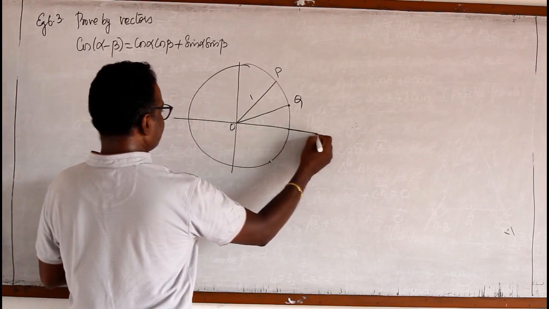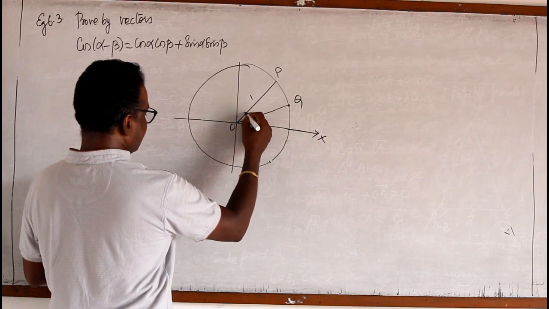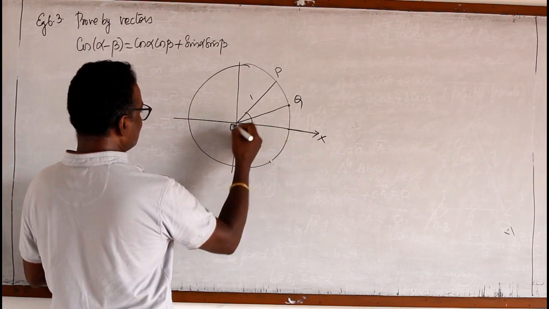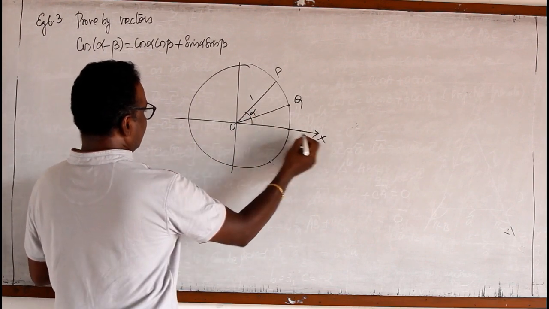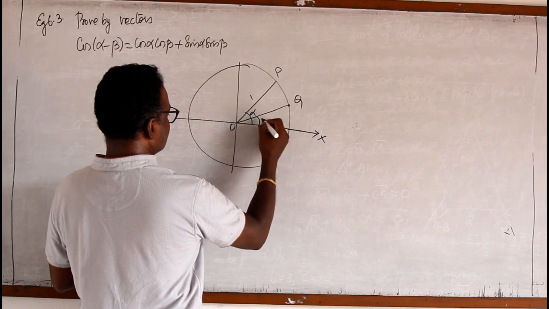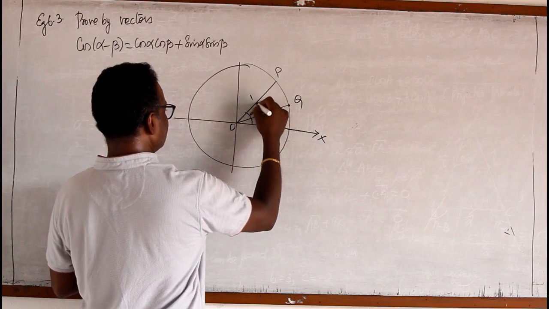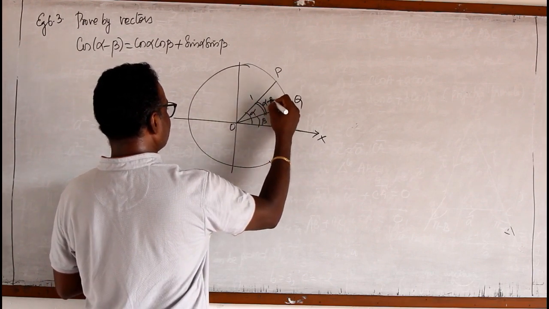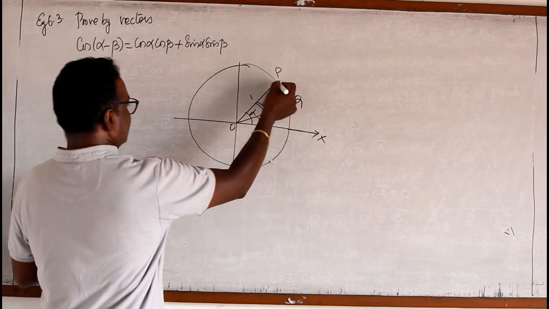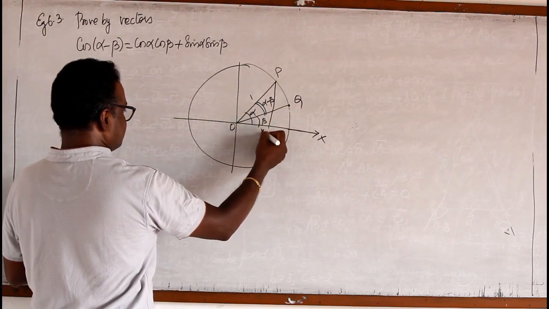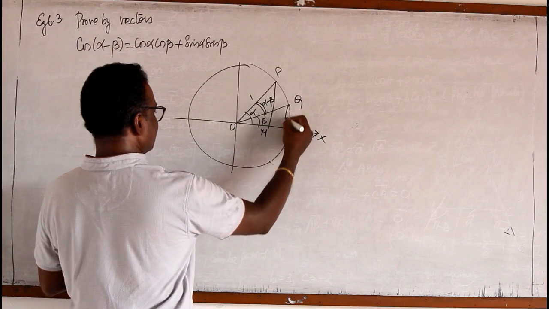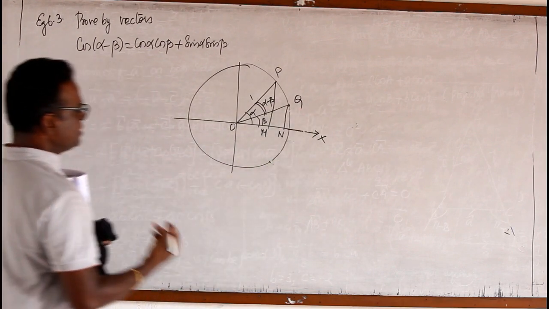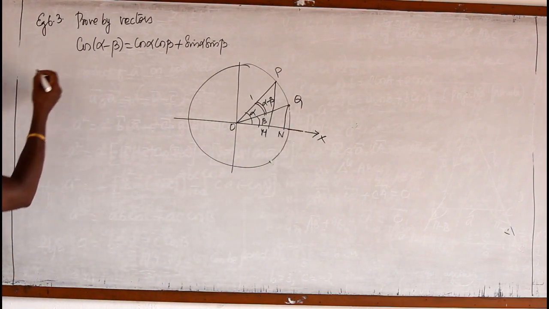In such a way, this is the x-axis, angle between XOP is alpha, angle between XOQ is beta, then angle between P and Q will be alpha minus beta. Let me draw PM perpendicular to the x-axis and QN perpendicular to the x-axis. So we shall write out these things.